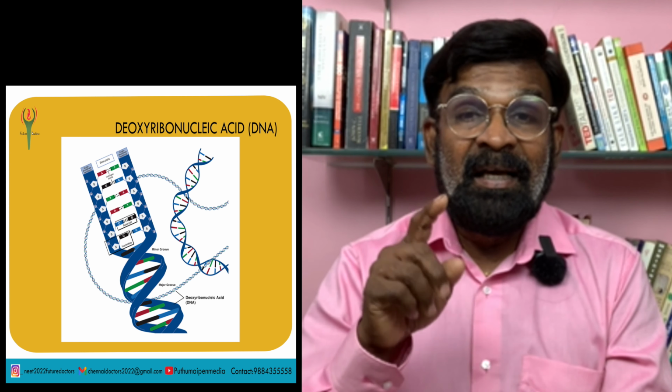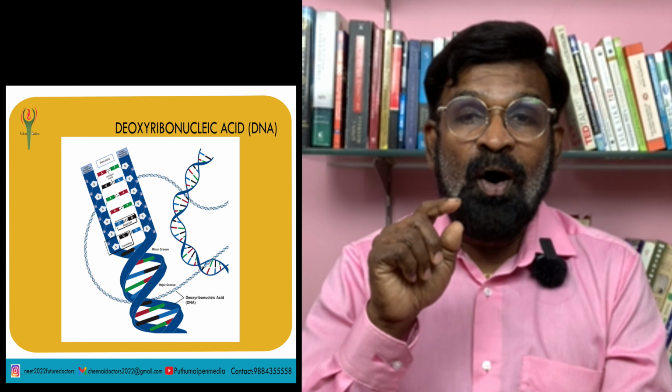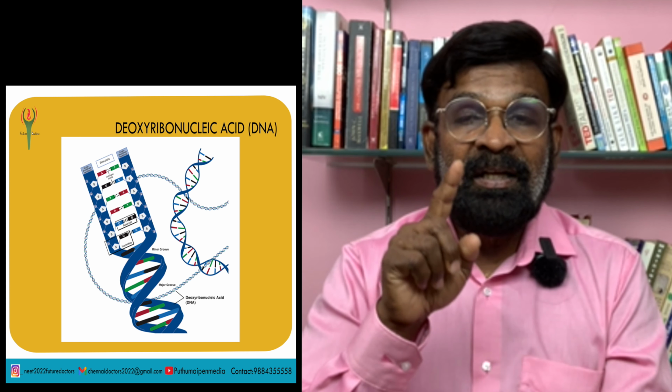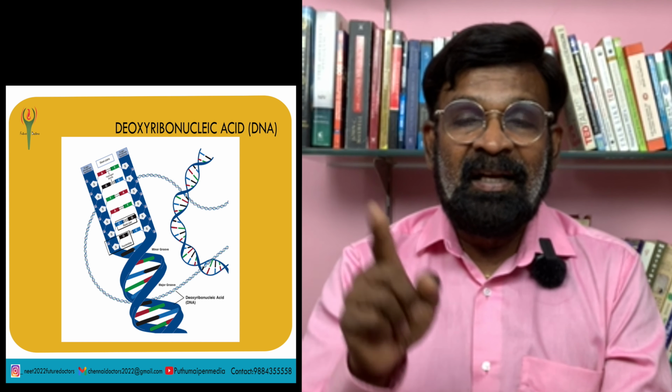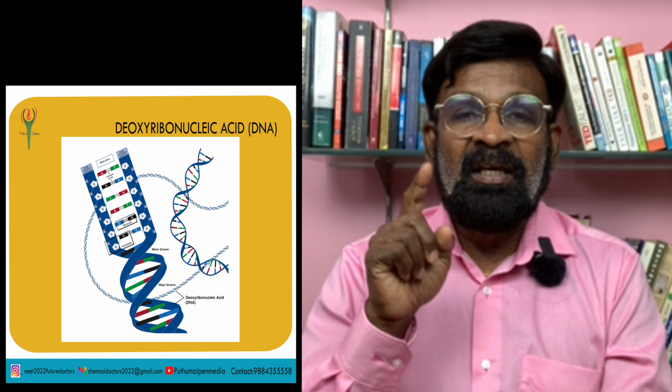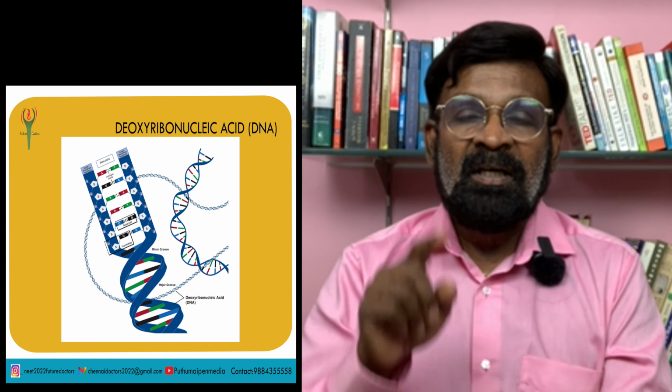DNA has a uniform thickness of 20 angstrom and the pitch is 3.4 nanometer. Thus, 1 turn of DNA measures 3.4 nanometers. This form of DNA is called B-DNA.